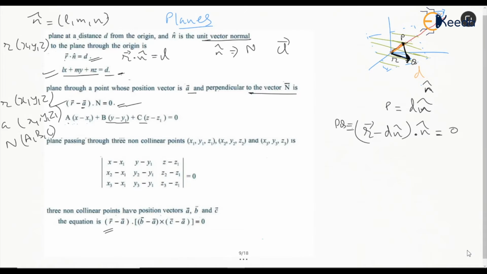Let's say these are the 3 points A, B and C. This is the line joining AB, the line joining AC, and then there's a third point which is on the same plane, let's say R. So this is going to be R minus A, this is going to be B minus A, and this is going to be C minus A, right?